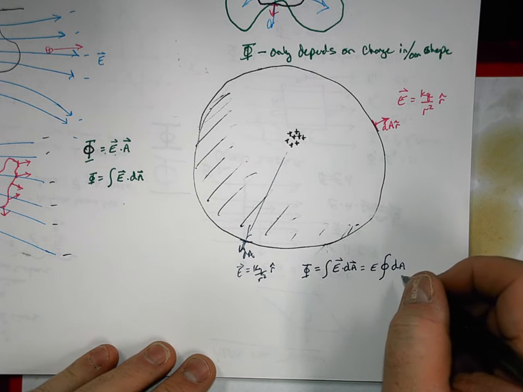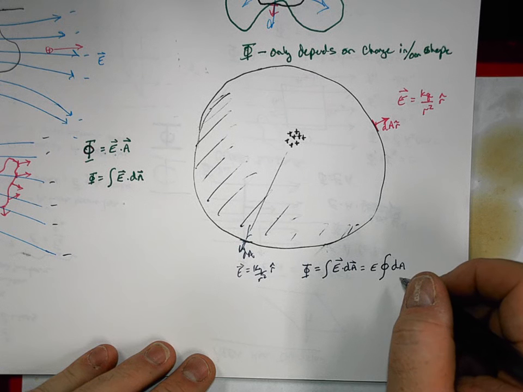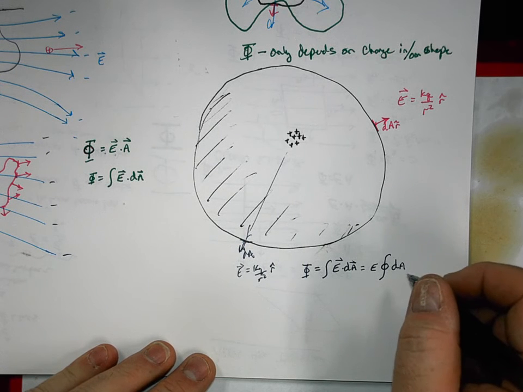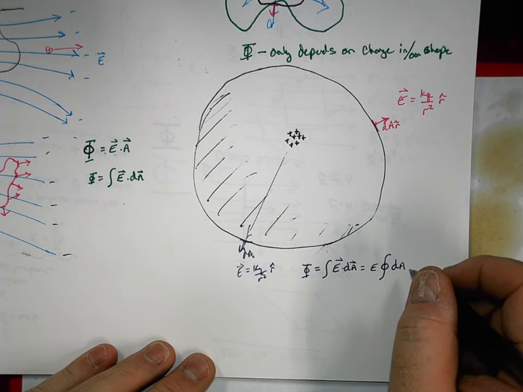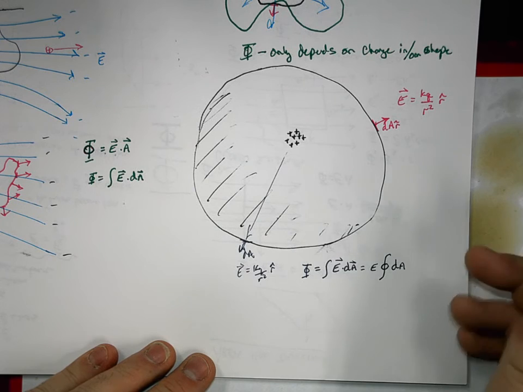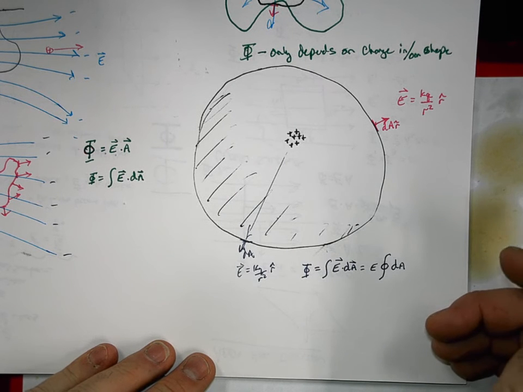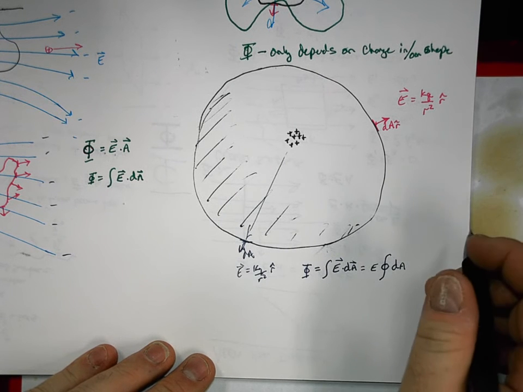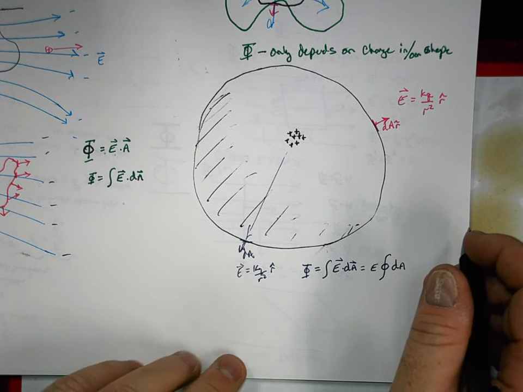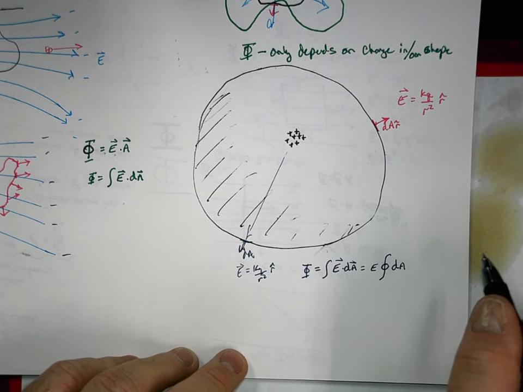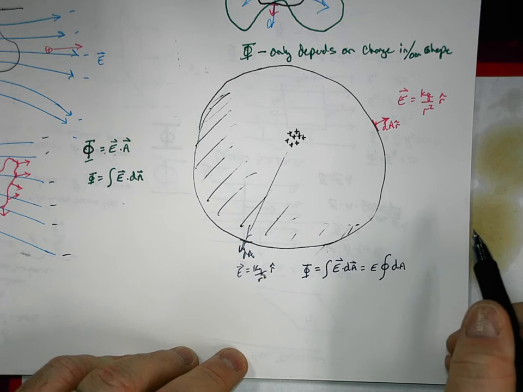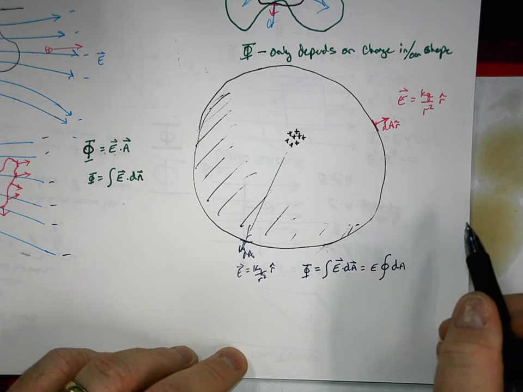What is going to be our area for a closed surface if it's a perfect sphere? It's going to be A. And what's the area of a sphere? Oh, that's the volume. You're close. 4/3 pi r cubed is the volume. Take the derivative of it, and we get 4 pi r squared, which is the area.